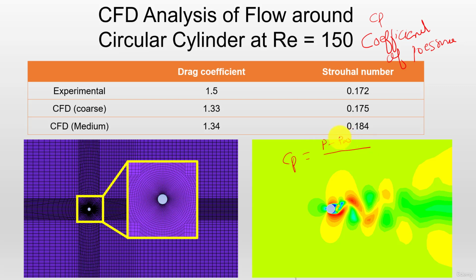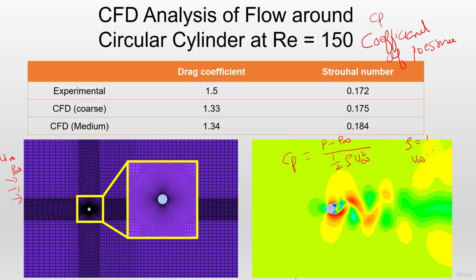So this is P minus P infinity, that is the free stream pressure at the inlet of the domain. Like U infinity, we have P infinity as well, divided by 1 upon 2 rho V infinity square.